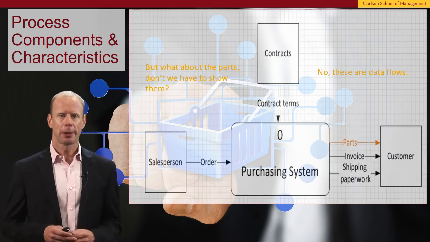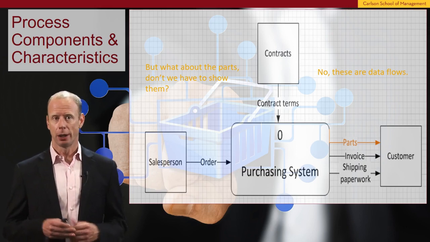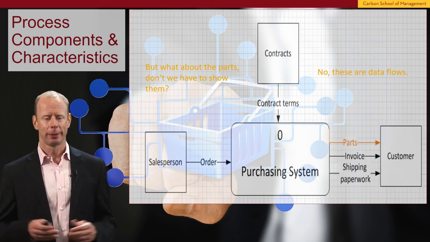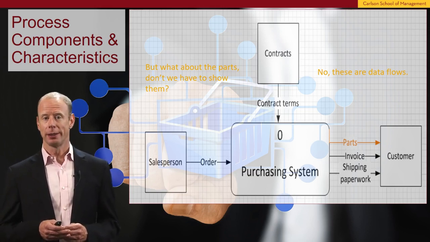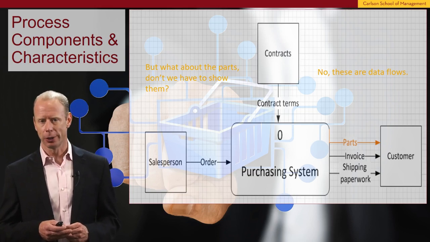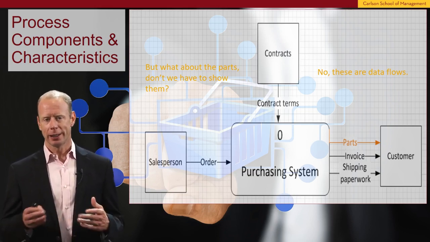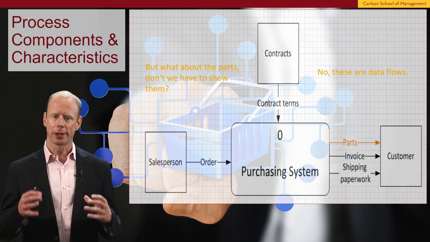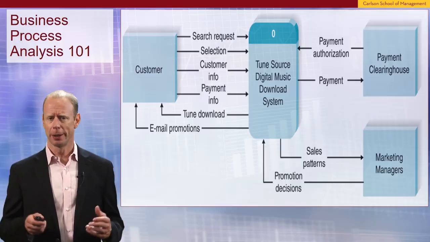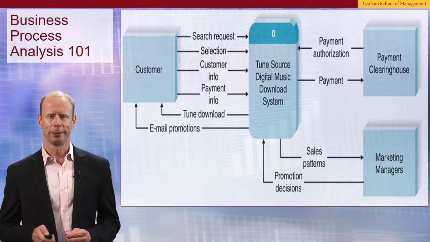So in this case, maybe the parts that are being ordered. Do we have to show those in our diagram? Generally, we do not, because these diagrams represent data flows relative to the process and not necessarily the physical goods that are moving around. Context diagrams have a very specific syntax and meaning, and again, we'll explore that in further depth and detail in a future lesson.